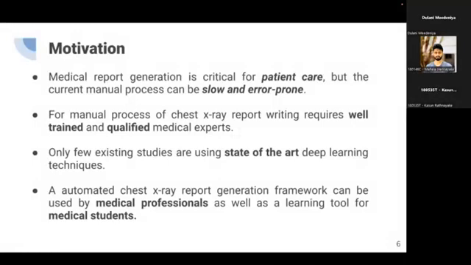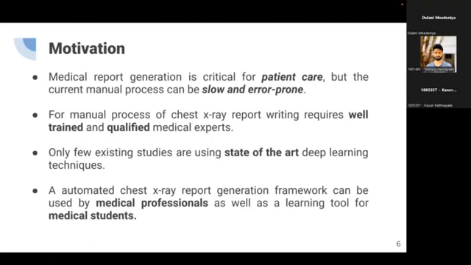So what motivated us for doing this FIP in this scope? So as I mentioned before, the manual process of medical image report generation can have delays, inaccuracies, and errors, which can result in serious consequences, even death. And also, manual chest X-ray report writing requires well-trained and qualified medical experts like radiologists.